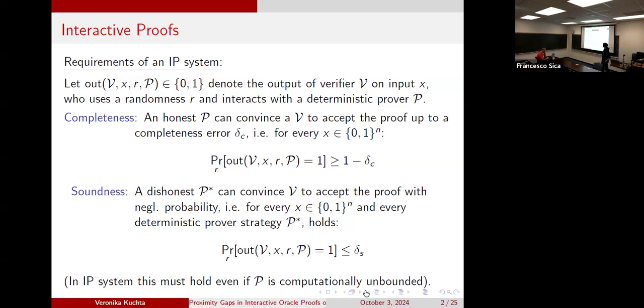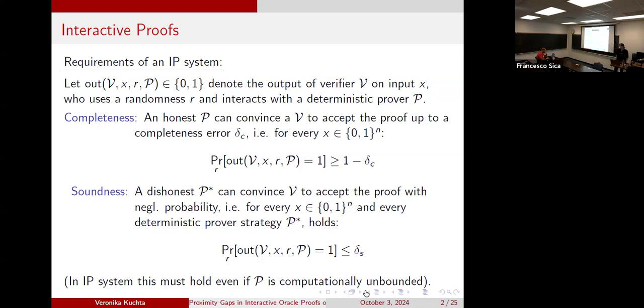I will start with interactive proof systems, and also very briefly talk about probabilistically checkable proof systems, then interactive oracle proof systems, and then the zero-knowledge proof systems. And then, what's the connection between all those information-theoretic proof systems and the cryptographic proof systems, which are also known as argument systems? Okay, let's start with interactive proofs.